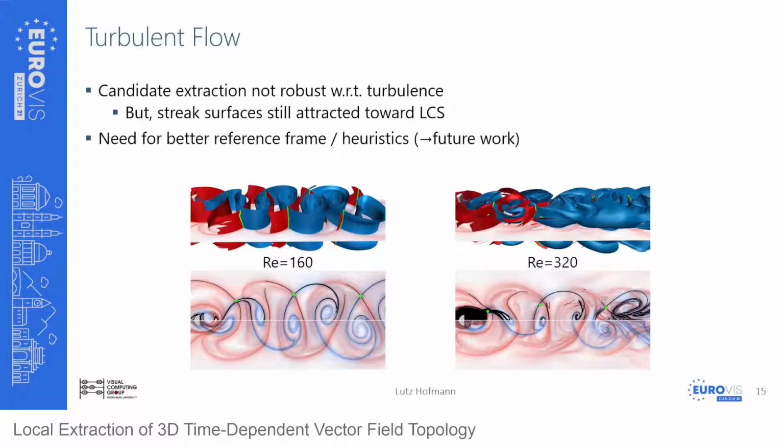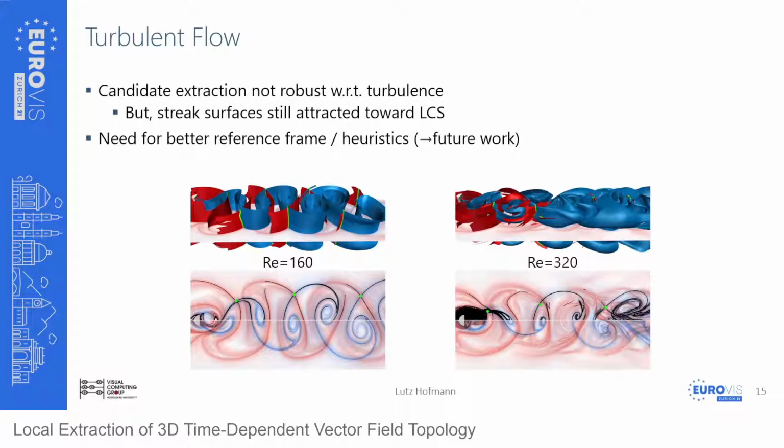Finally, let's have a look at these two numerical simulations of a flow behind an obstacle. In these two datasets, the Reynolds number is increased, which corresponds to increasing turbulence in the flow. This example shows that our candidate extraction is not robust with respect to turbulence.